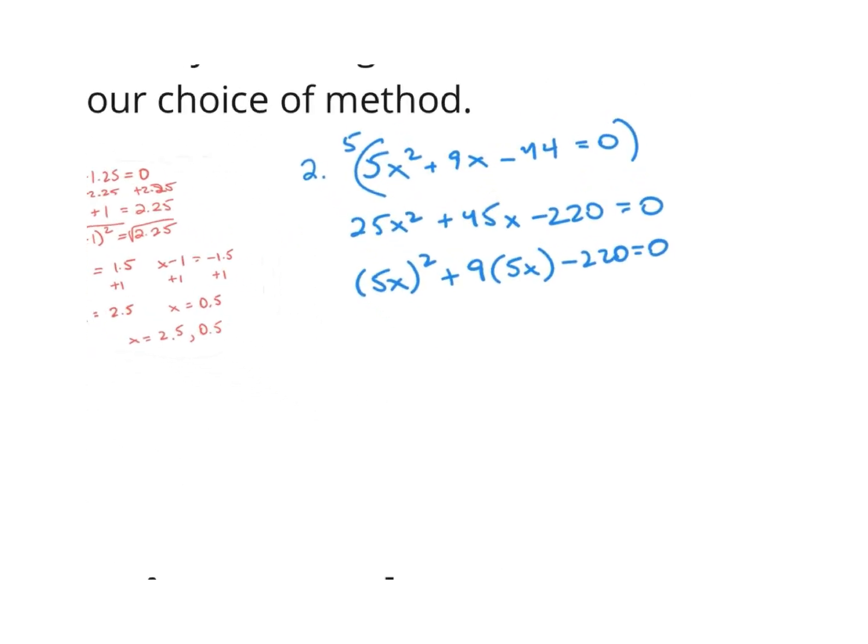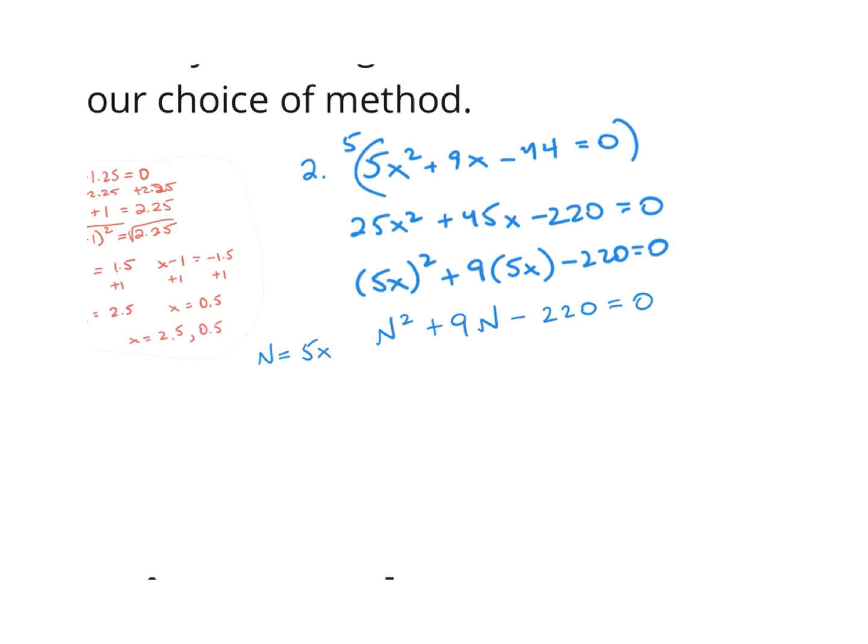Next, I'm going to set n equal to 5x and rewrite this as n squared plus 9n minus 220 equals 0. So now I'm going to look for factors of 220 that add up to 9. I know that one's going to be positive and one's going to be negative.